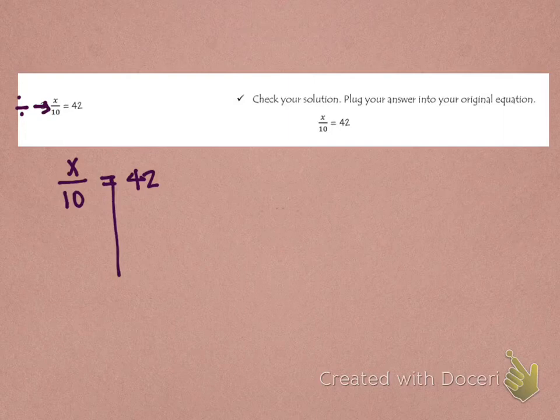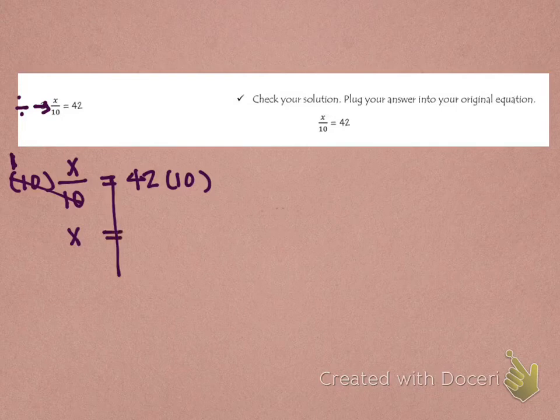So our inverse operation would be to multiply by 10 on both sides. So I put parentheses on both sides of my equal sign, and that shows me multiplication. So if I'm dividing by 10, then I would be multiplying by 10. Okay? 10 divided by 10 is 1. And then 1 times x is just x.